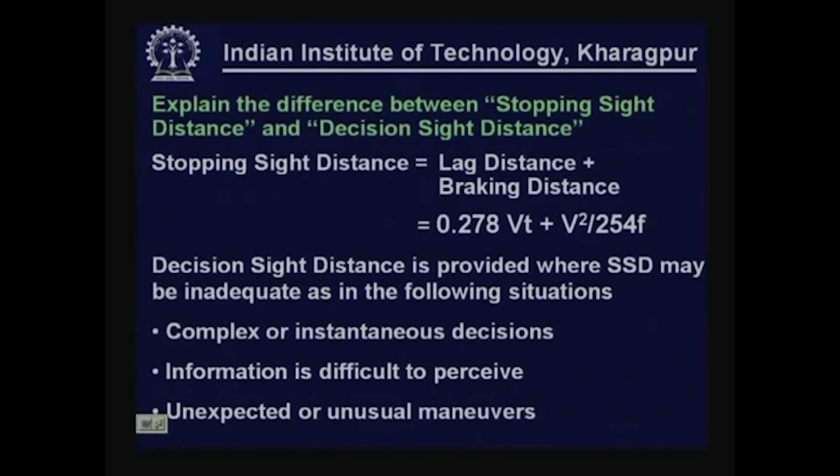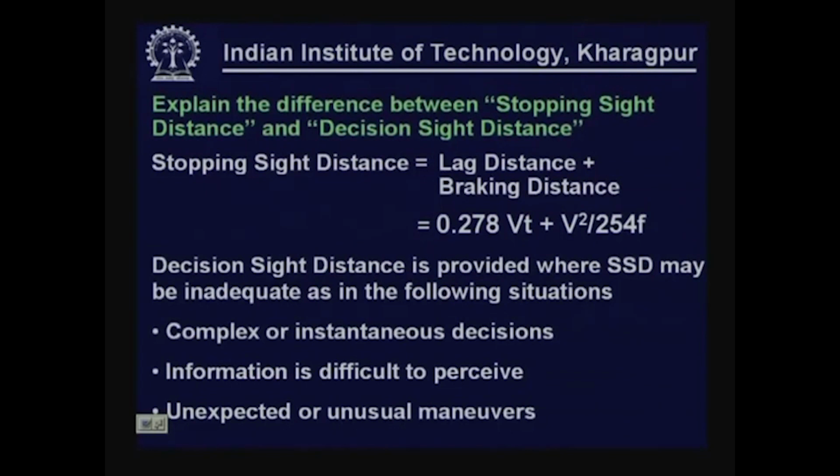Second question was, explain the difference between stopping sight distance and decision sight distance. Now, for stopping sight distance, the reaction time considered is applicable for general conditions, but there are certain special conditions where drivers have to make complex or instantaneous decisions, where information is difficult to perceive, where unexpected or unusual maneuvers are expected.